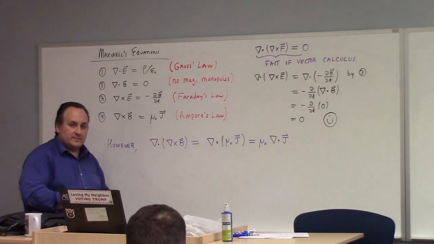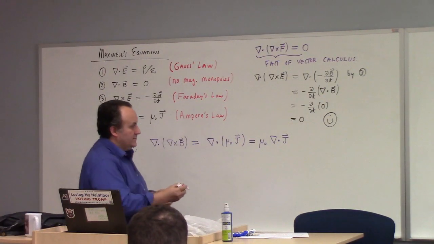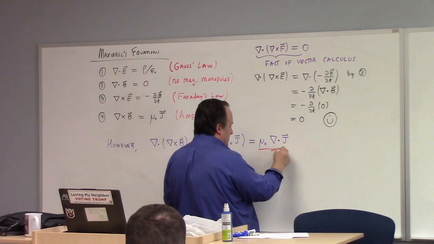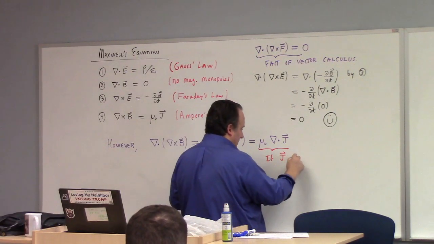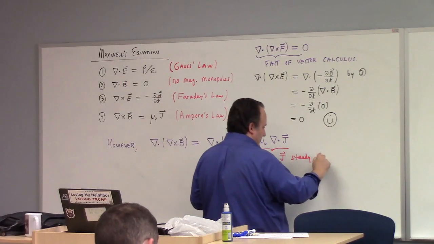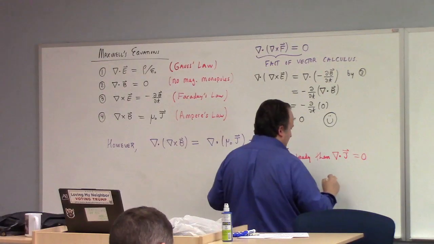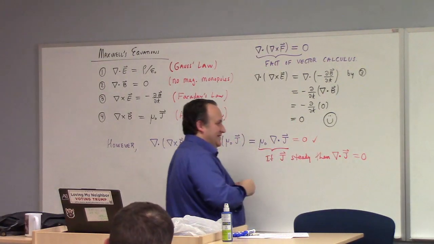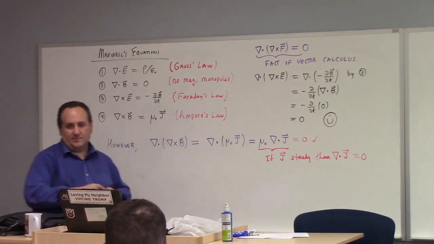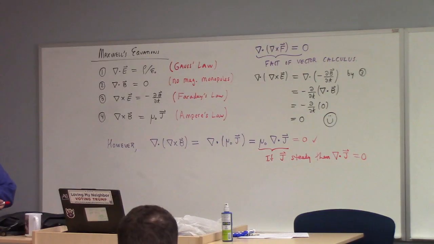Is this 0? Well, if J is steady, then we had that the divergence of J was equal to 0, and so we get 0, check, right? So the equations are consistent for magnetostatics, sure.